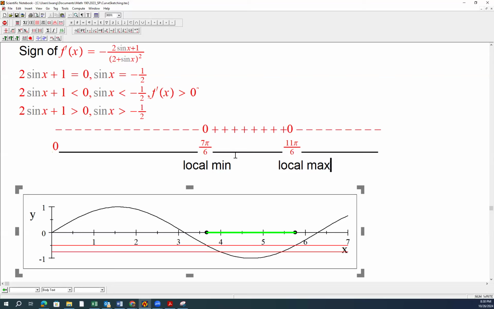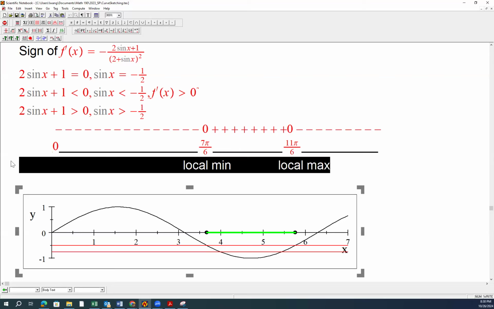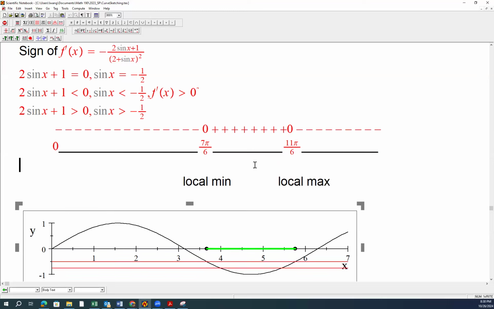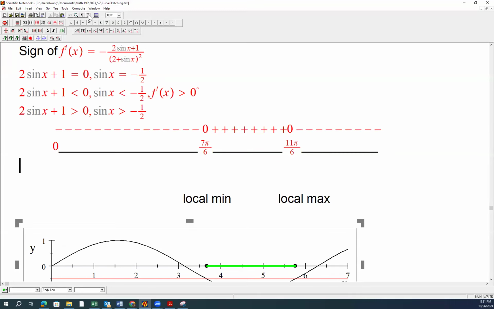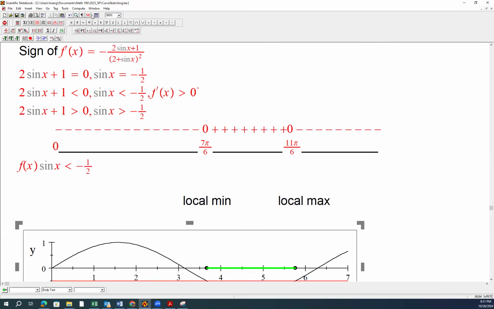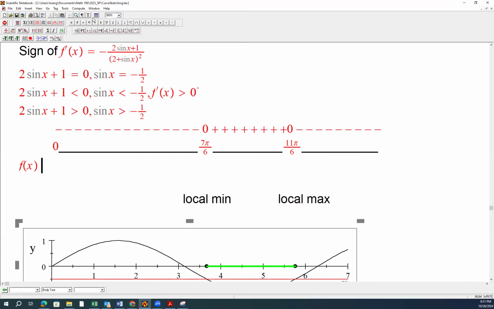So let's see how we answer that question about increasing, decreasing. Here, we're going to put this away. So f of x, oops, sorry, decreases in the interval of 0 to 7 pi over 6.